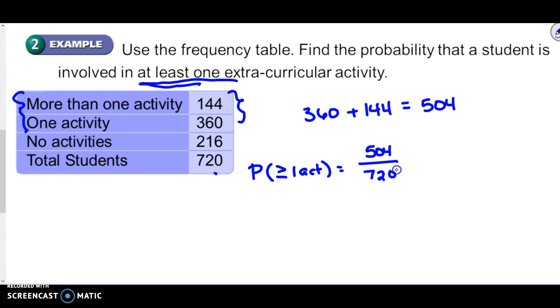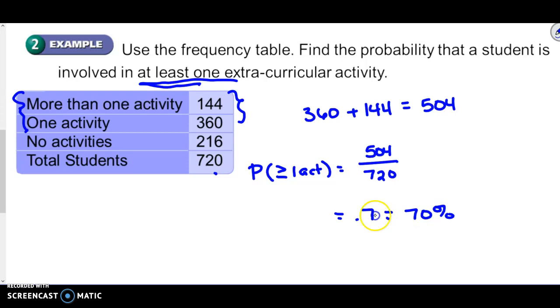Now when we actually put that into the calculator, that's going to give us 0.7. But we cannot express probability as a decimal. We either need to do it as a fraction or as a percent. So we're going to convert that 0.7 to 70%.